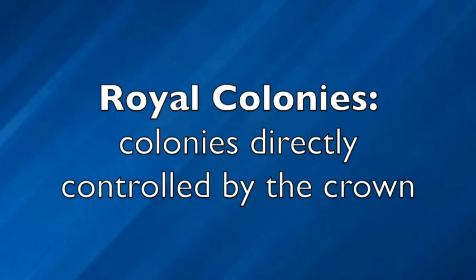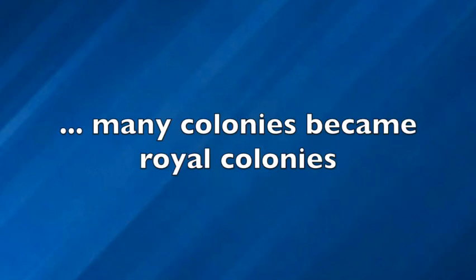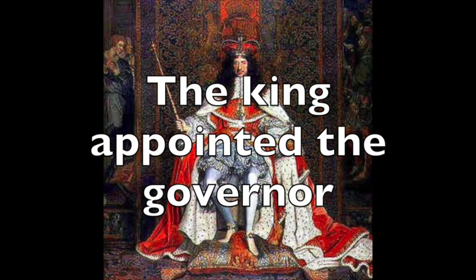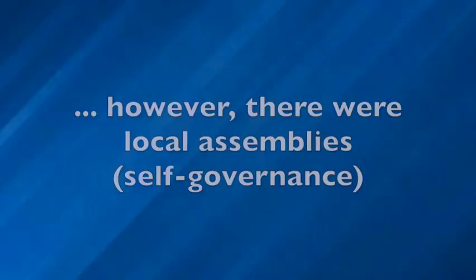The third type of colony was a royal colony. These colonies were directly controlled by the English crown. Over time, many colonies that started as charter or proprietary colonies became royal colonies. The king appointed the governor and had a say in the colony's laws and administration. However, local assemblies often existed, providing a form of self-governance to the colonists.